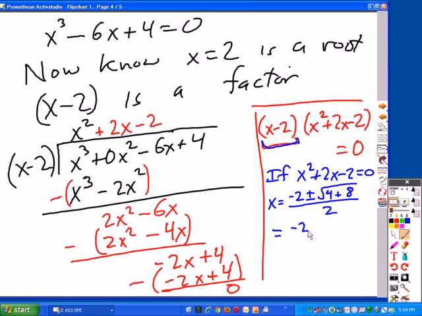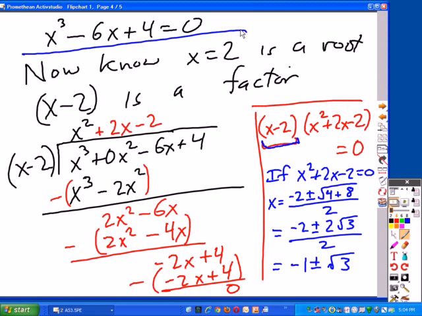And so this is negative 2 plus or minus the square root of 12, which is 2 times the square root of 3, over 2. And so the other two roots are negative 1 plus or minus the square root of 3. And so that takes care of finding all three roots.